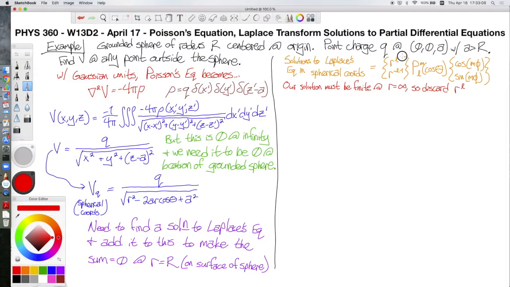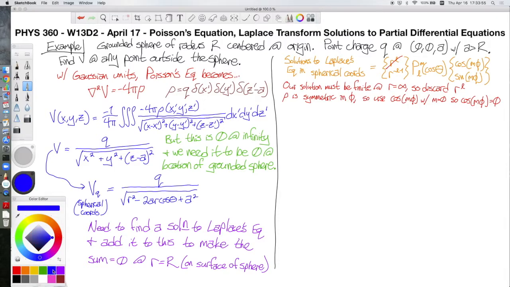So we have to discard our r to the L solution. We also know that our charge distribution is symmetric with respect to phi, so we need a solution that is also symmetric with respect to phi. So like before, we're going to use cosine of m phi with m equals 0 so that cosine of m phi equals 1.